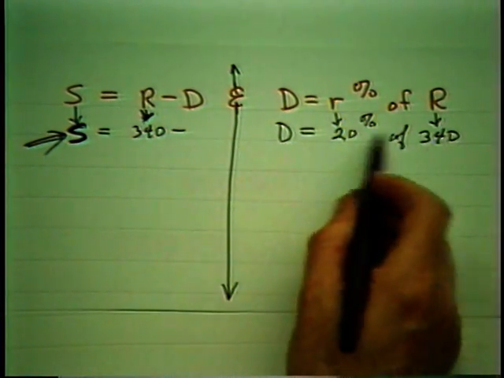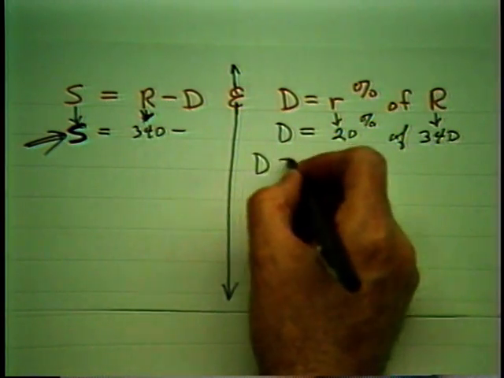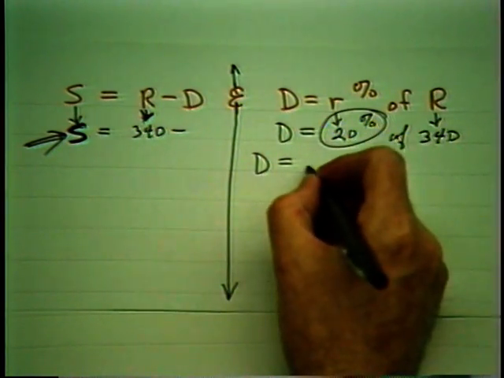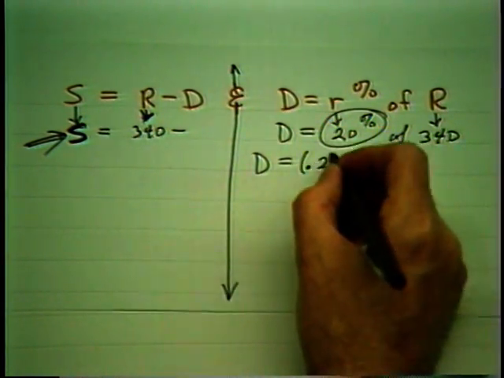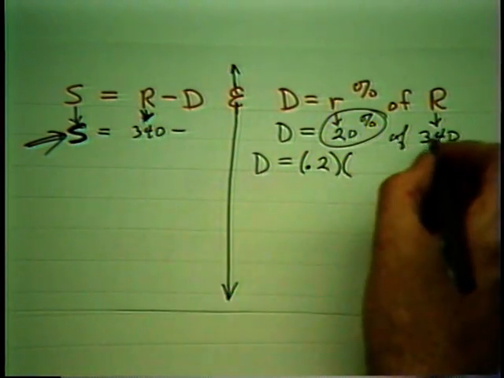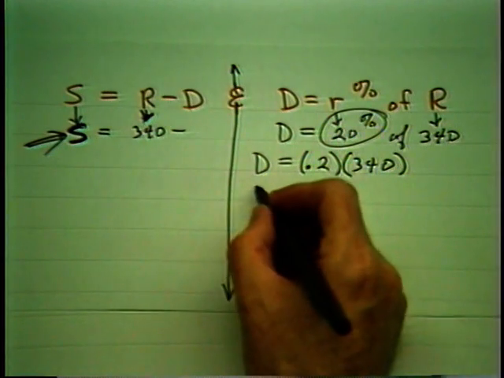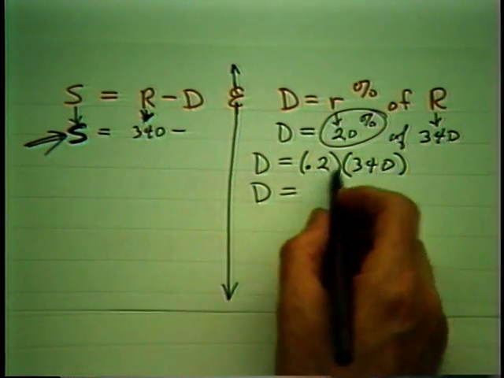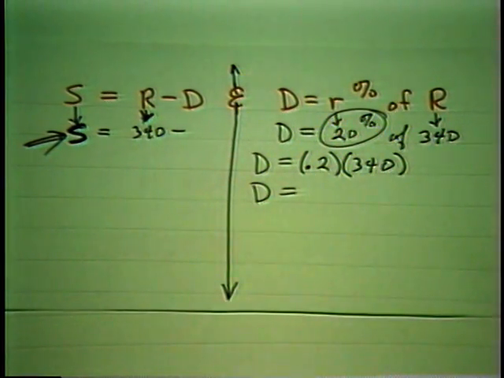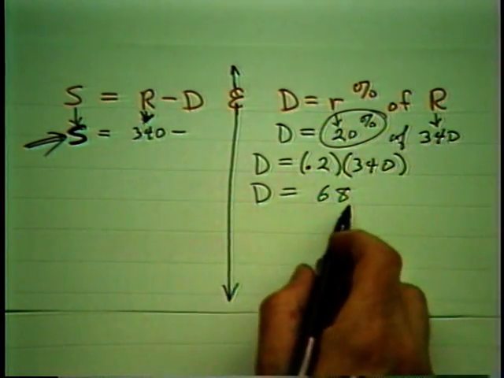But this is not quite fully mathematics. 20% mathematically is 2/10. Of is times, 340 is mathematics, and this says discount is simply that times that, which is $68.